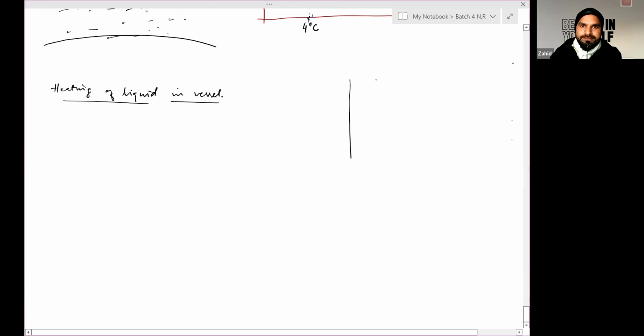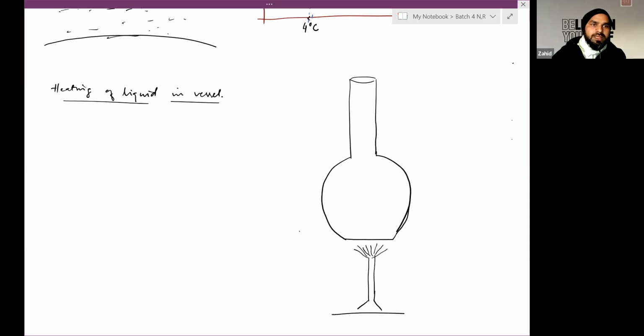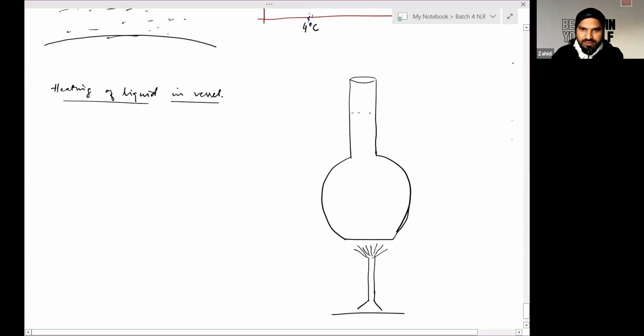Suppose you have a vessel placed on a burner, and in this vessel, suppose liquid is filled up to this point, let's say A. You'll be asked, on heating, how will the level of this liquid change?